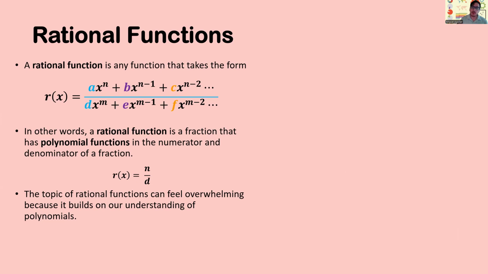Okay? And so we need to break these rational expressions or rational functions up into the top part versus the bottom part. And we're going to start answering some questions by looking at, well, the bottom part tells us what about this function? The top part tells us what about this function, right? So we need to be able to break it up into pieces to answer some of the questions that you guys are going to see in the homework.